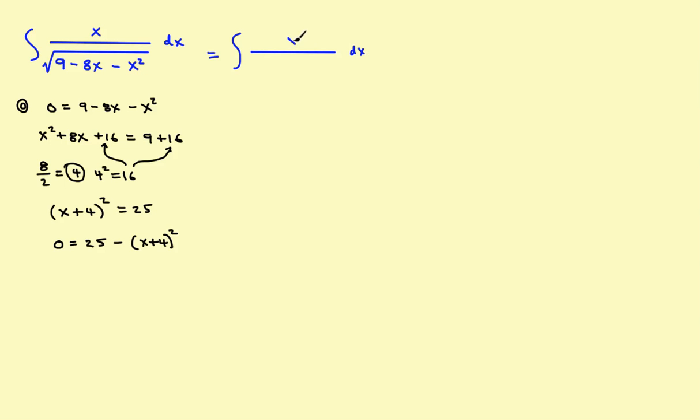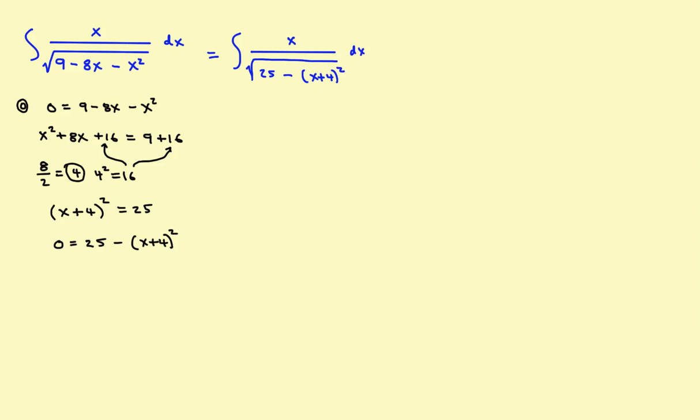Now you still got the x on top, and we'll write it as the square root of, and all we're going to do is change it from this form into this completing the square form. So this is going to be 25 minus x plus 4 squared. Okay, so what that does, you've got it in the form of something squared minus something squared.